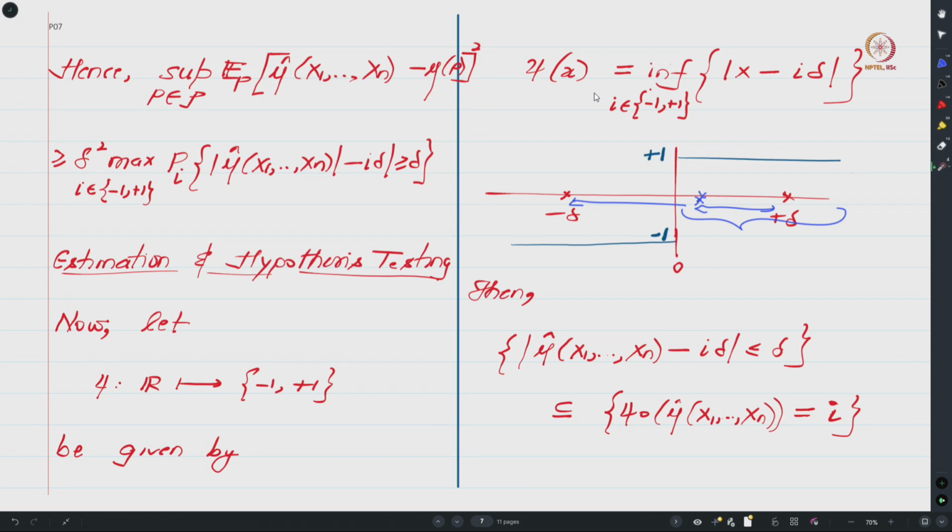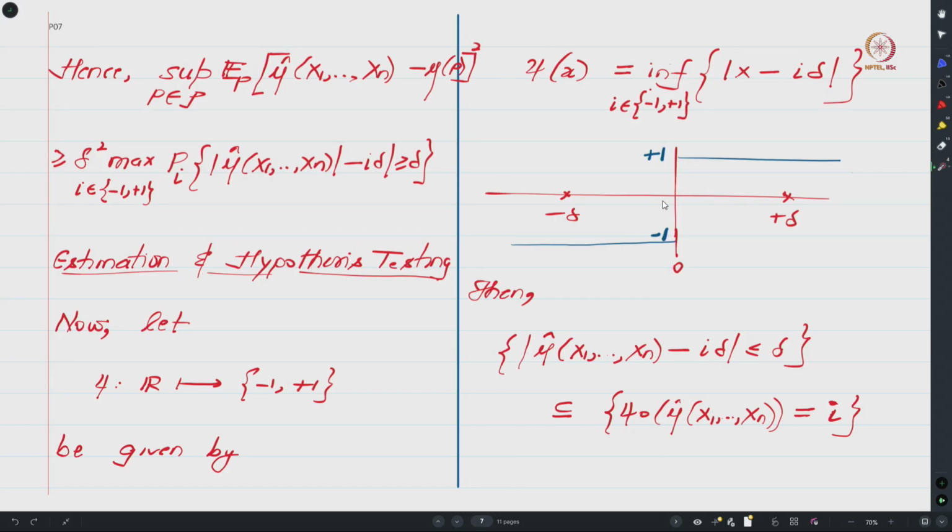On the other hand, whenever x lies on this side, the outcome of psi of x will be minus 1. So if x is to the left of the origin, psi of x outputs minus 1, and whenever it is to the right of the origin, it outputs plus 1. That is what I have drawn over here. You can see that this psi function takes the value plus 1 on the right side and minus 1 on the left side, and at the origin we can come up with some rule for breaking ties.